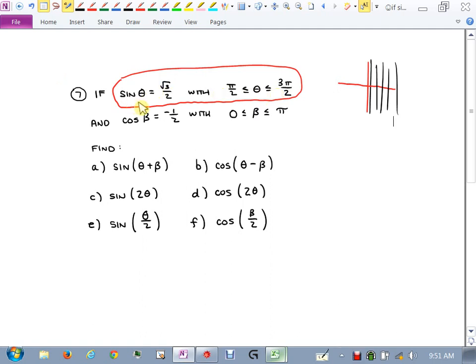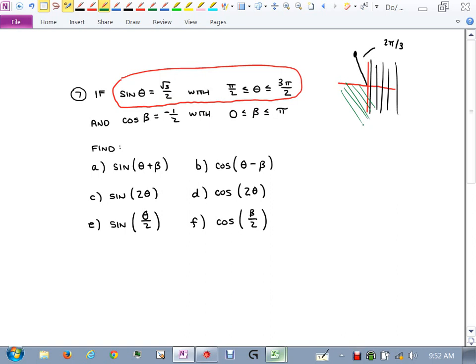Sine is the y-coordinate of this angle. Where's the y-coordinate positive √3/2? Somewhere up here, right? Do you know that angle? What is it? 2pi/3. That angle is 2pi/3. Why is it not down here in the third quadrant? Because it says that sine is positive, and sine is not positive in the third quadrant. So we could scrap that one. That's why we're not looking down there.